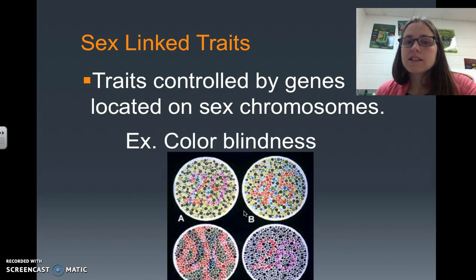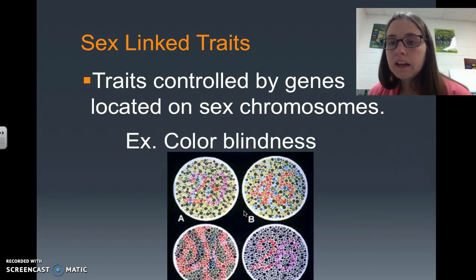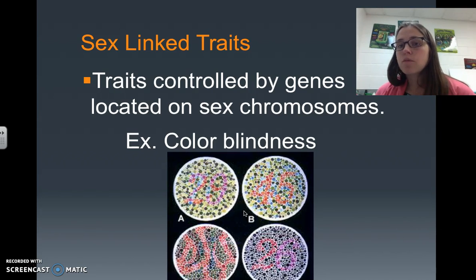Color blindness is inherited or travels on a sex chromosome. It travels on the X chromosome. So when you're a boy, you only have one X chromosome, so the gene to actually tell the difference between these colors is not there. And so that's why color blindness shows up a lot more often in boys than it does in girls.